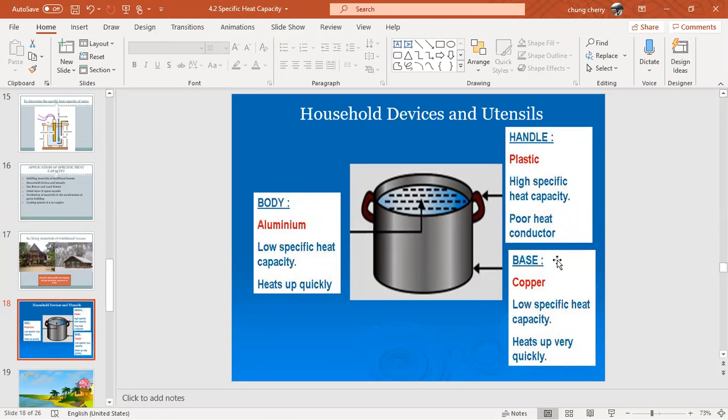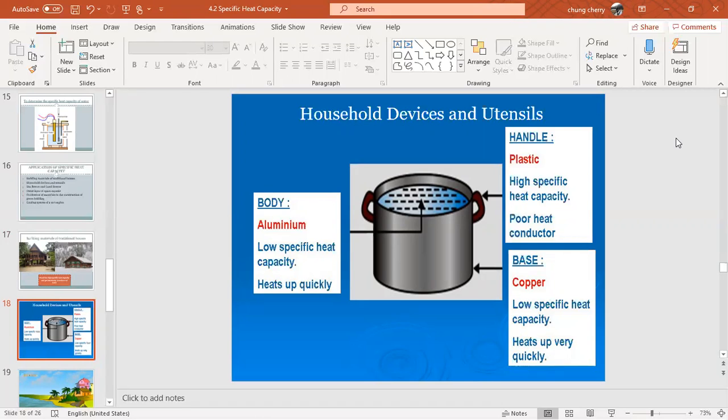For the base we use one with a much lower specific heat capacity, which is copper, because it heats up very quickly. Then the body is aluminium, also low specific heat capacity, so it will heat up quickly and the food inside will cook faster.